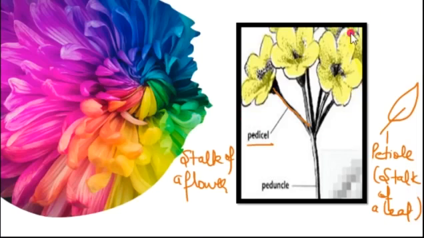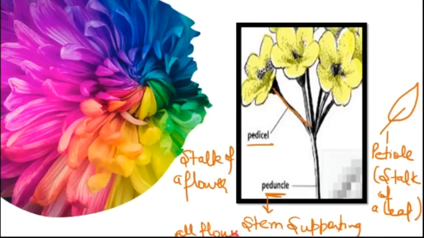You can see here one more point, it is not in your syllabus. Peduncle is the stem which is supporting all these flowers, so that is called a peduncle. I am writing here, stem supporting all flowers. This is called a peduncle, but this is not in your syllabus. Okay, coming to the next slide.